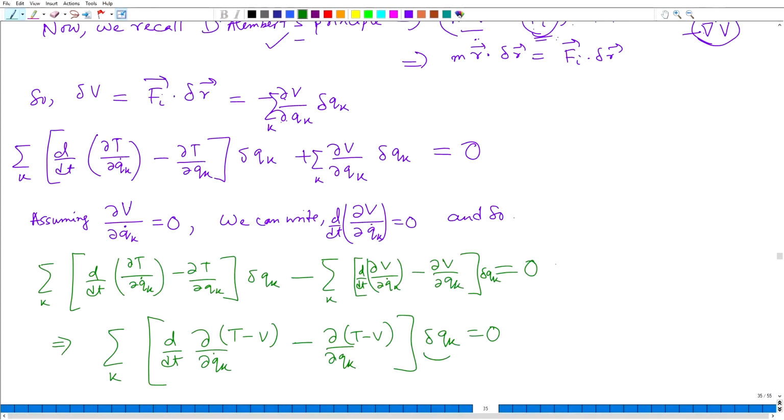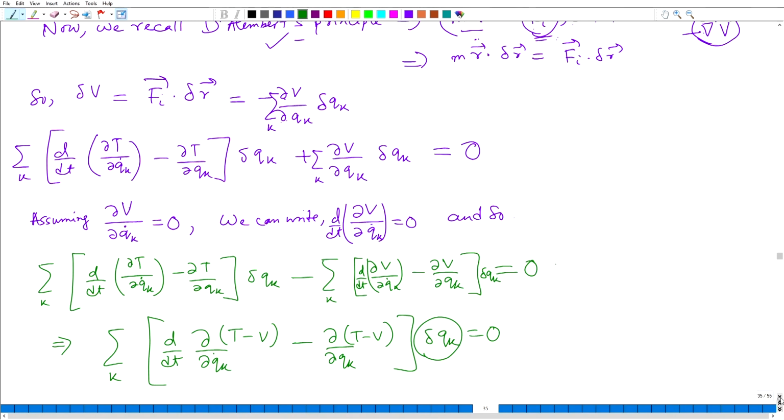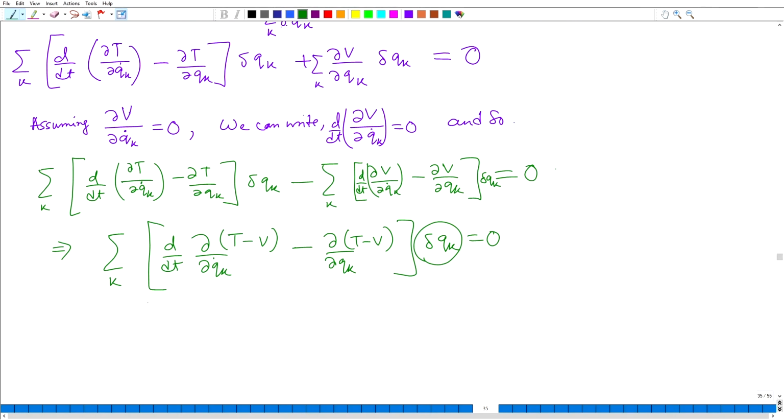Even if you are talking of a constrained motion, for generalized coordinates they are independent of each other, and that is why every delta q k can be arbitrarily varied from one another, and that makes the possibility of choosing every single coefficient multiplied to delta q k, okay, to vanish.